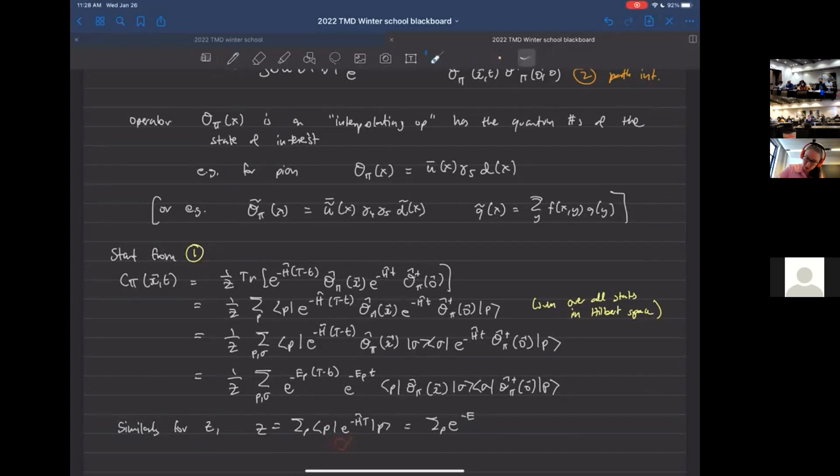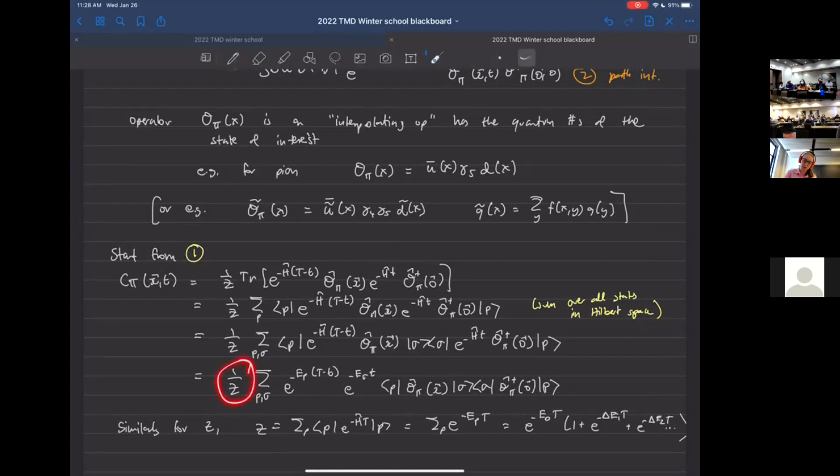This Hamiltonian can act on that state and pull out e to the minus E_ρ t. If we think about what's happening there, that's e to the minus E_0 t for the ground state, and then a series of smaller and smaller exponential contributions. So we can write that also as this series of exponentials.